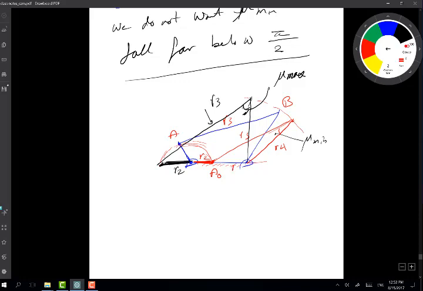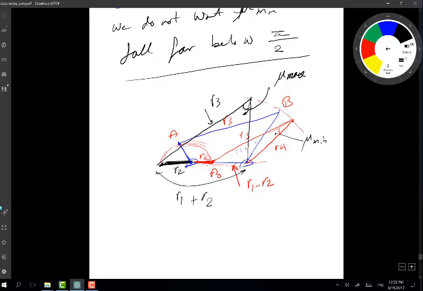In this case, this distance here is R1 minus R2. In the other case, this distance is R1 plus R2. In each case, I get a triangle. This one is a small triangle, and this one is a large triangle.